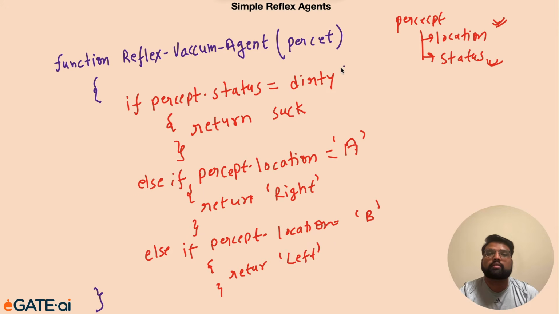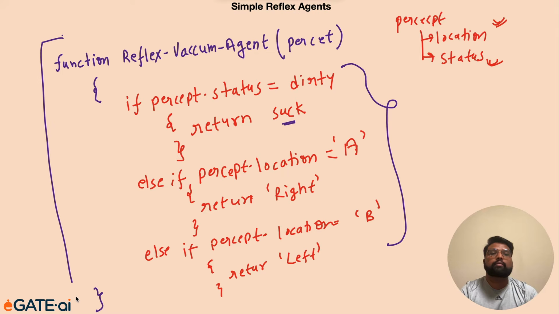So this is a very simple function. If the block status is dirty, the agent will always suck the dirt. Otherwise, if the status is not dirty, that means it's clean, then it will check the location. If the agent is in A block, it will move to the right. If it is in B block, it will move to the left. All right, so we can write these kinds of simple programs for reflex agents, right?